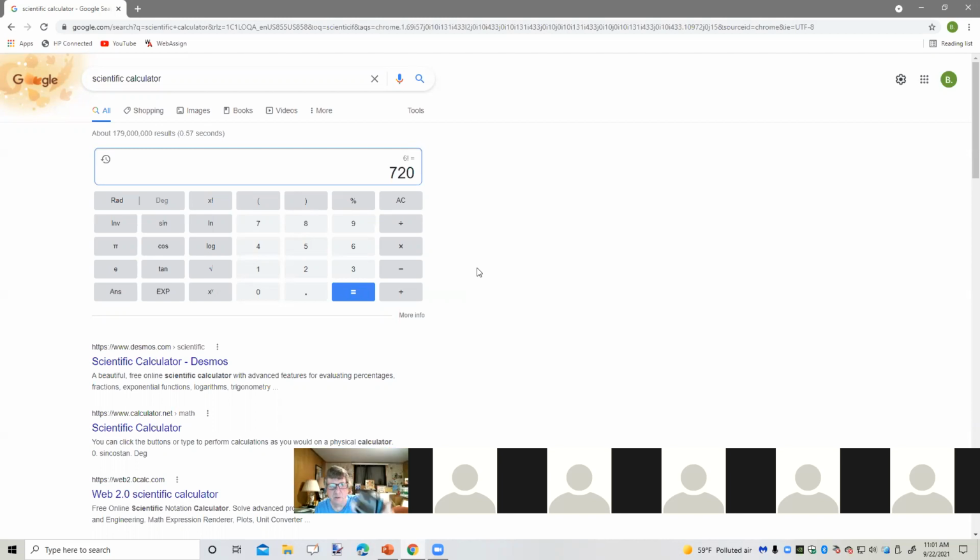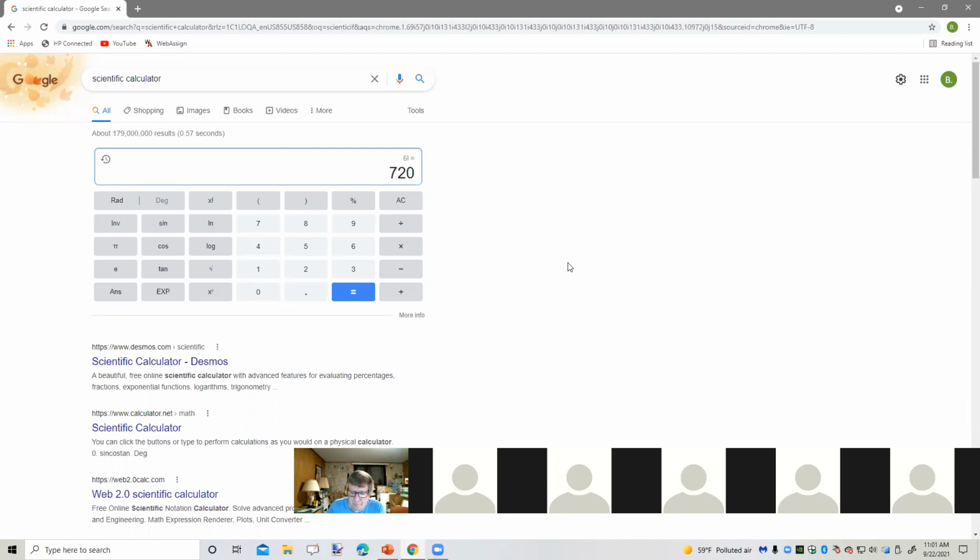Then I push equals again, and I get my answer of 24. I know that's not a very efficient way to do it, but I haven't figured out yet how to do it any other way displaying this particular calculator. And you don't have to use this scientific one. You can use any scientific calculator you want, or you can use this online calculator if that's easier to use. Any questions at this point?